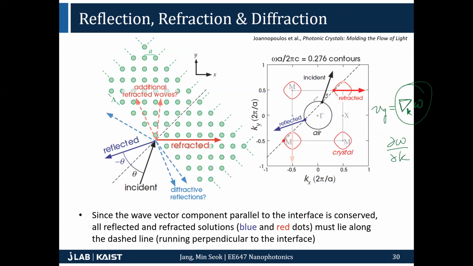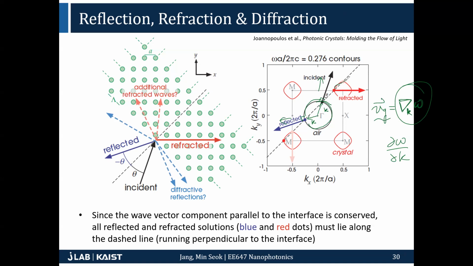And the gradient of omega must be perpendicular to the frequency line. So if you think about the group velocity direction, in the air, the K vector direction and the group velocity direction are the same.